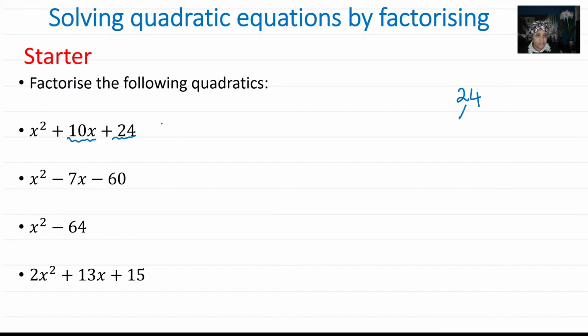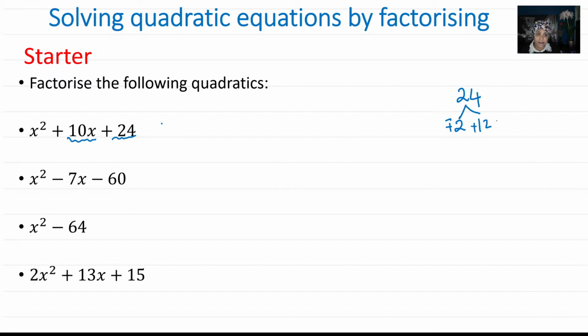So let's have a look. If I do 2 and 12, yes, I can get a 10, but everything is plus here. So if I put plus and plus, if I add them, I get 14. But if I put a minus, I don't have a minus here, so that's not going to work.